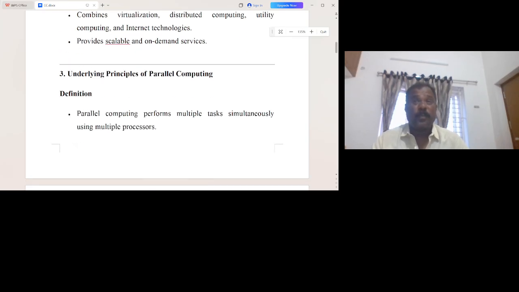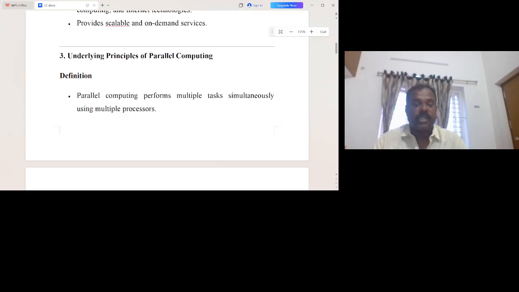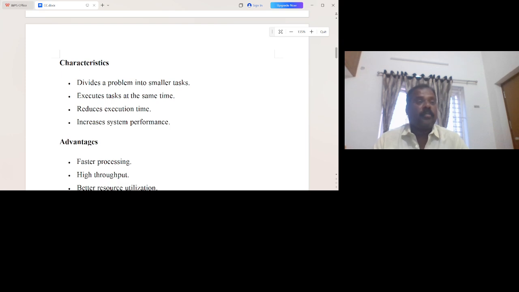Then, in cloud computing techniques, we use parallel computing. Parallel computing means performing multiple tasks simultaneously using multiple processors. That is the simultaneous process. Characteristics of parallel computing: it divides problems into smaller tasks, then executes tasks at the same time.